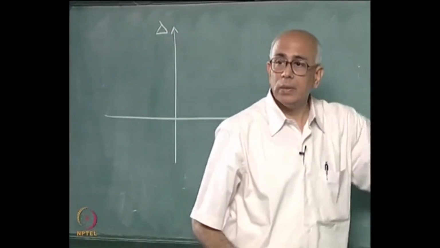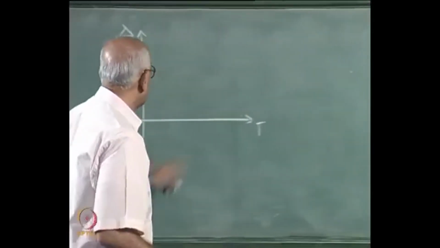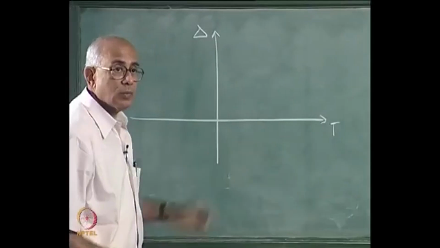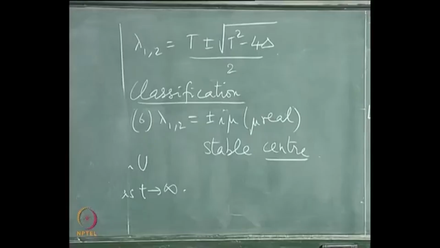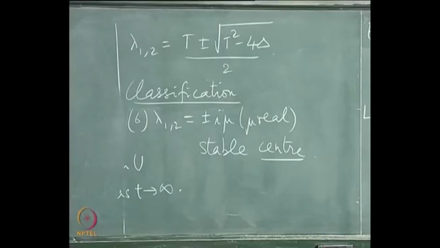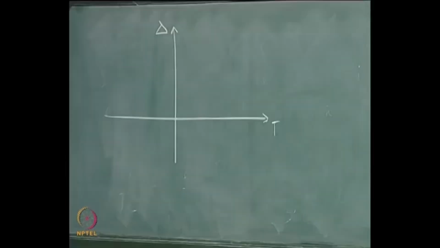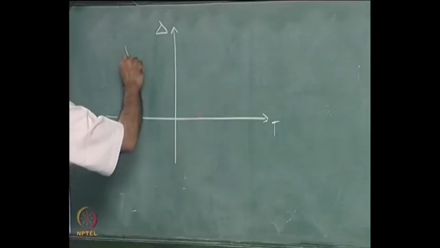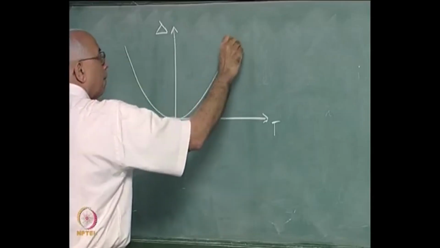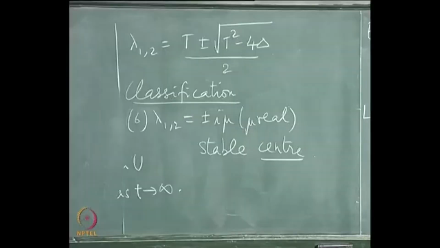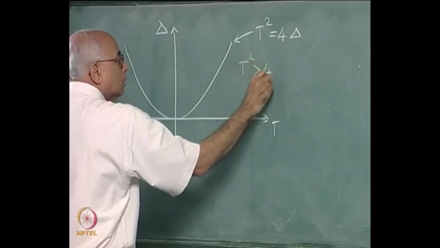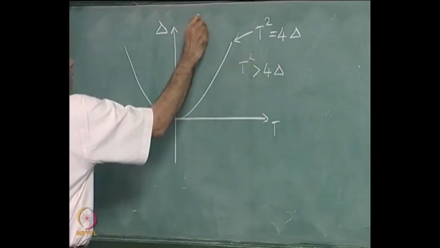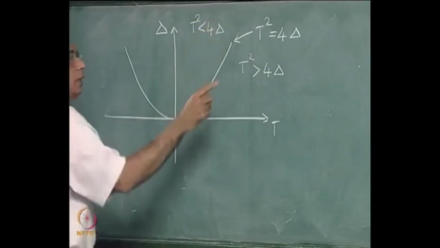It is obvious from here that the case delta equal to 0 is on this line, and that is the case I am going to ignore at the moment, and the curve T squared equal to 4 delta would separate regions where the eigenvalues are complex from those where the eigenvalues are real. And what is the curve T squared equal to 4 delta? It is a parabola. So on this curve T squared is 4 delta, and outside T squared is greater than 4 delta, whereas inside T squared is less than 4 delta, and then the roots are complex.